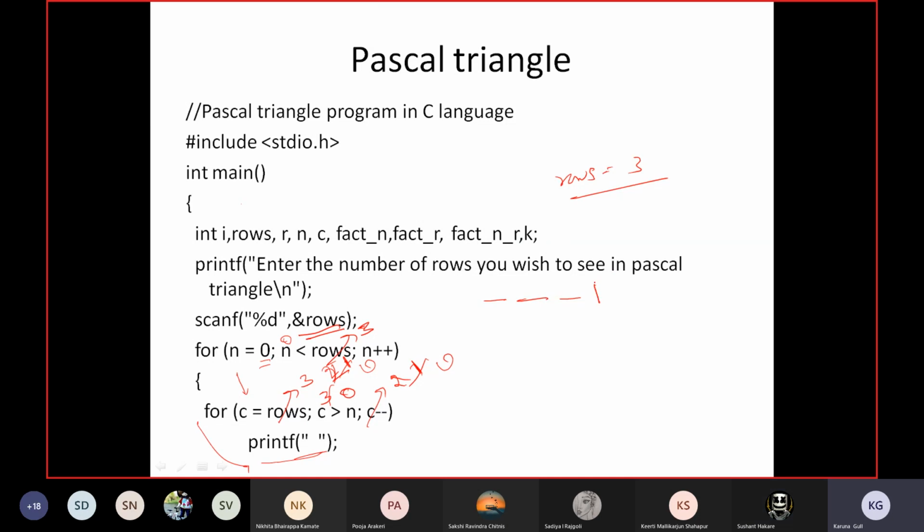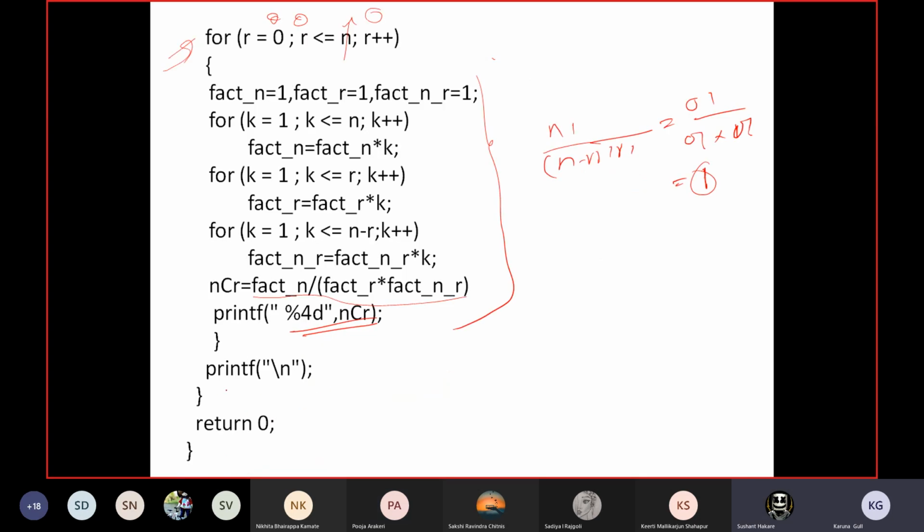Is it okay, everybody? Yes, ma'am. Then what should I do? Again come back here and increment the value of r. r is equal to 1 now. Is 1 less than or equal to 0?